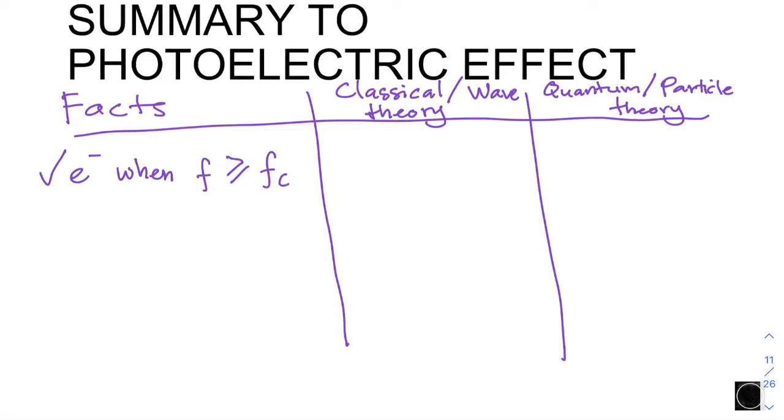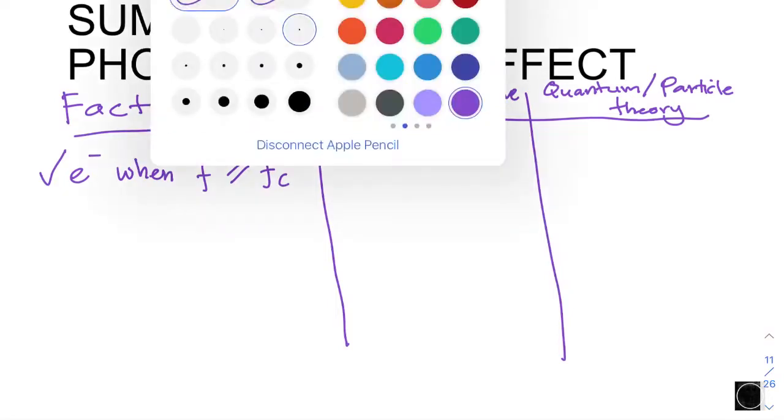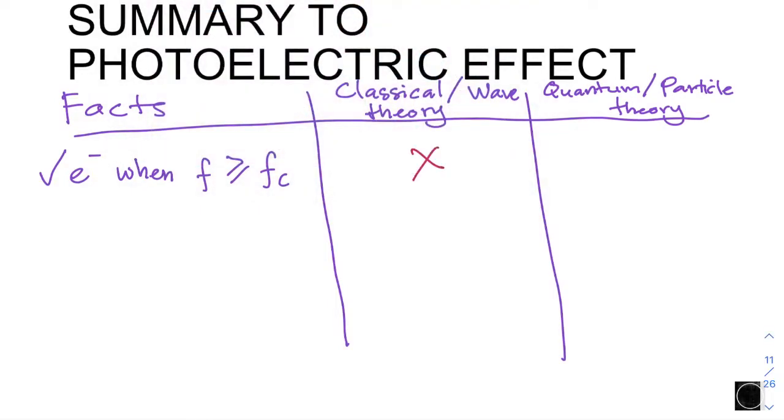Classical physics or wave theory cannot explain why this is happening, because they thought it isn't related to frequency. They thought that the number of electrons being ejected depends on the intensity, the brightness of the incident light only. So it doesn't matter what frequency you use; supposedly there must be ejection of electrons whenever the incident light has a high enough intensity.